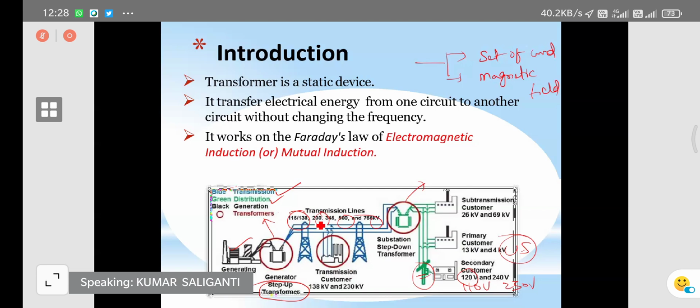So here we have 230, 400 and 765, where 765 is ultra high voltage and 400 is extra high voltage. A transformer is a static device. To generate the induced EMF in a transformer, we need a set of conductors, a magnetic field, and relative time variation between the magnetic field and the set of conductors.